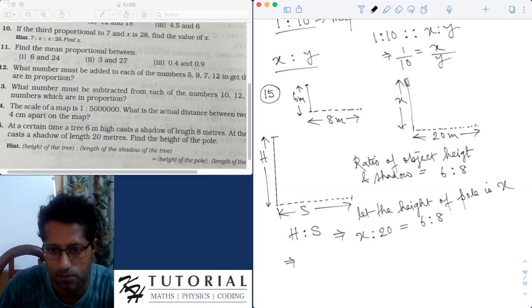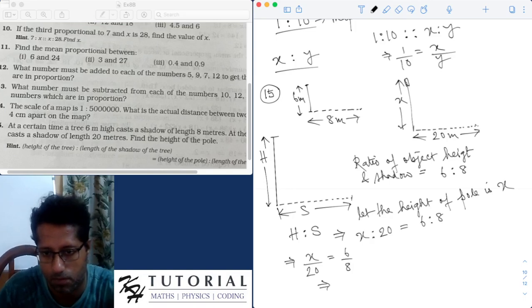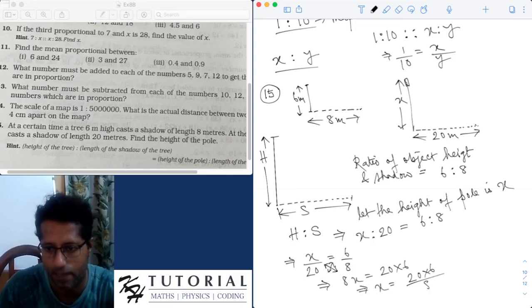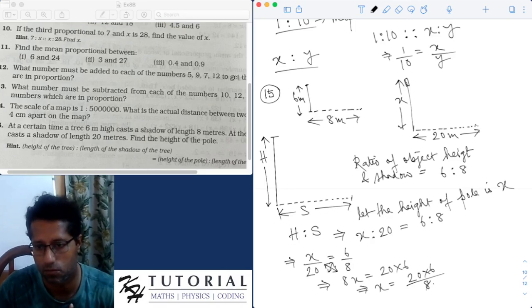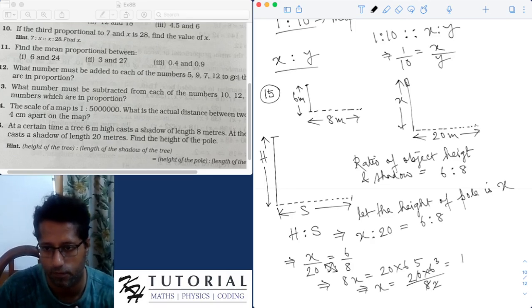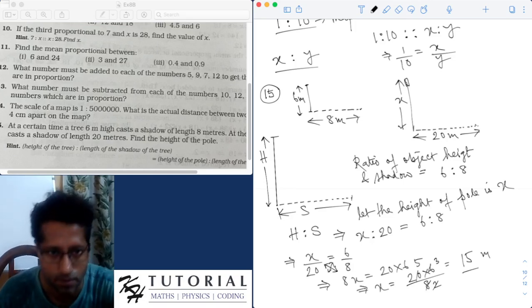So x/20 equals 6/8. Doing cross multiplication, 8x equals 20 into 6. This implies x equals 20 into 6/8. Simplifying, this is 15. So the height of the pole is 15 meters.